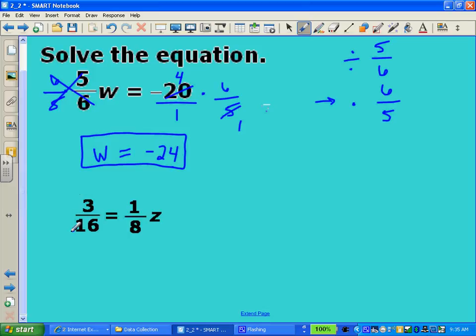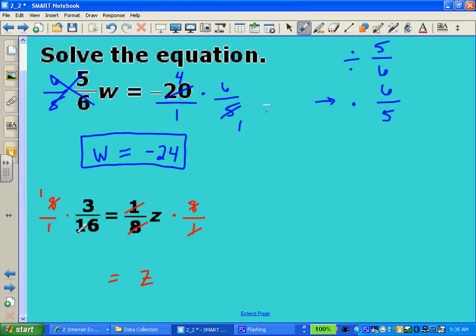Here we get 2 fractions. That's always fun. So I have 3/16 equals 1/8 times z. So again, z is being multiplied by 1/8. So I want to divide by 1/8. Well, dividing by 1/8 is the same as multiplying by 8 over 1. So let's do that. Times by 8 over 1. Over here, the 8's cancel and the 1's cancel, so I'm just left with z.